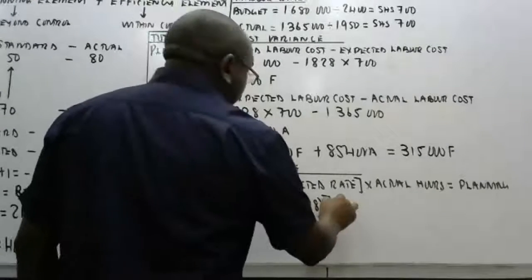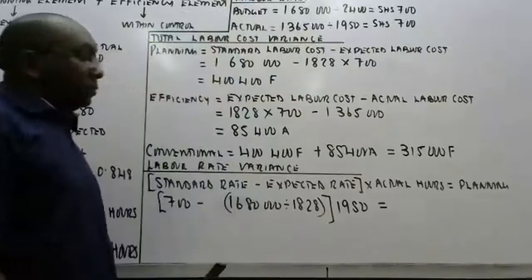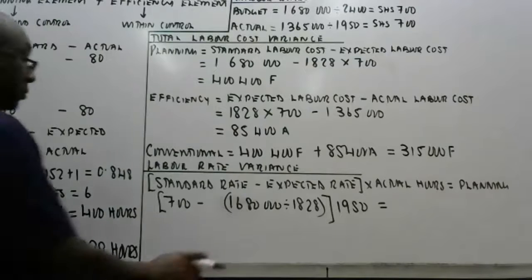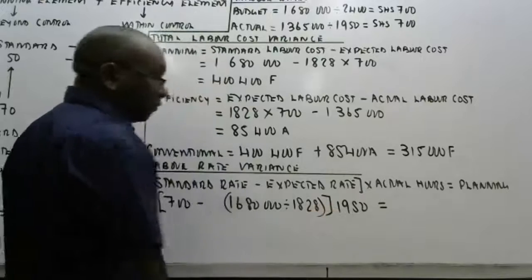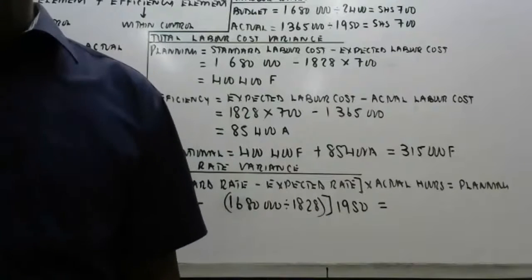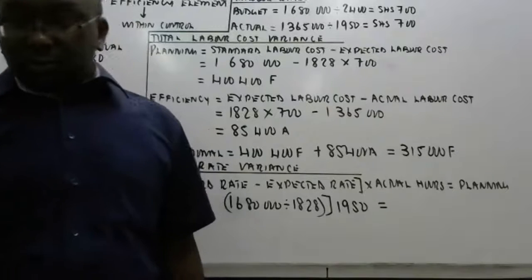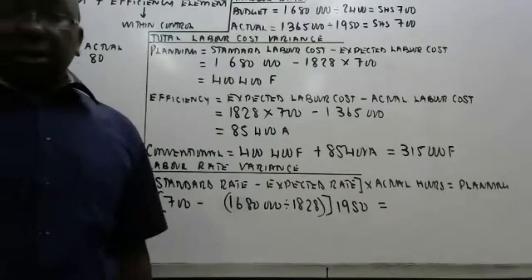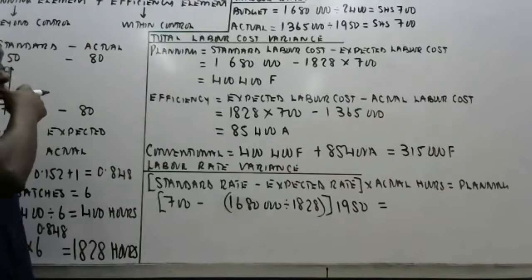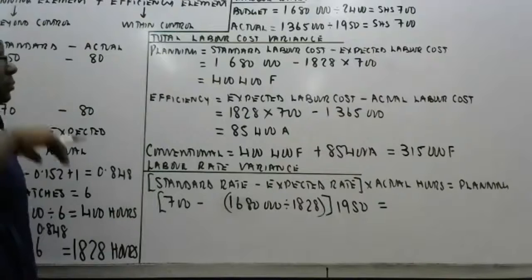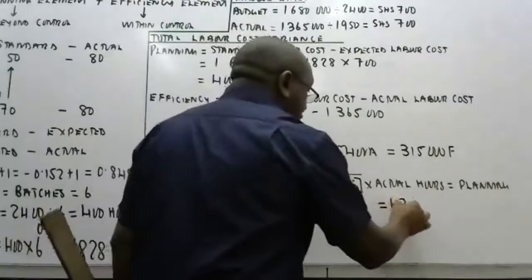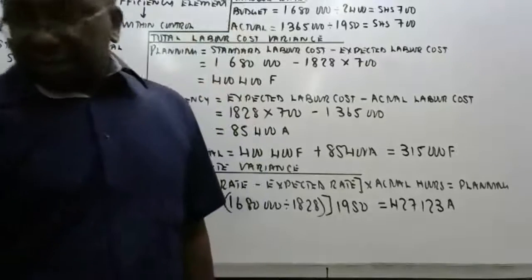Multiplied by the actual hours of 1950. Give me the answer. $427,123 adverse. Good.